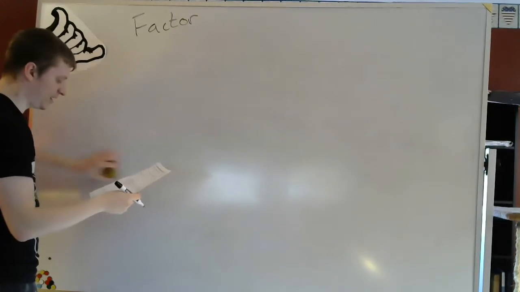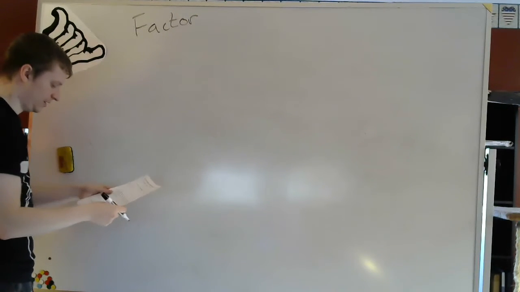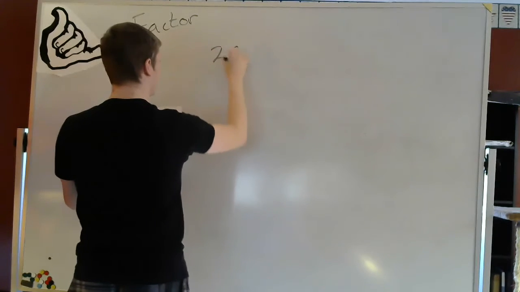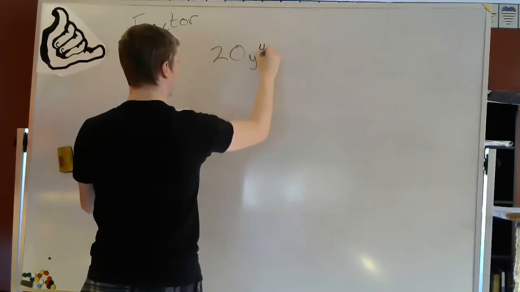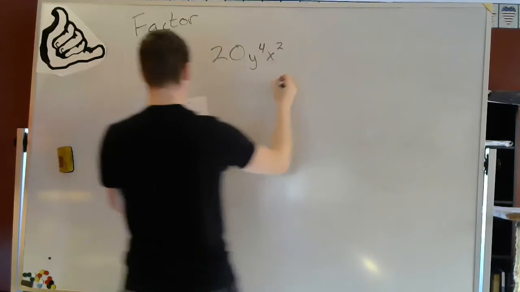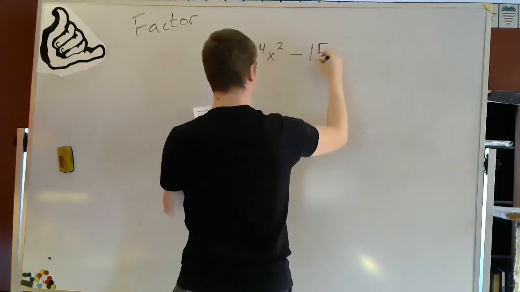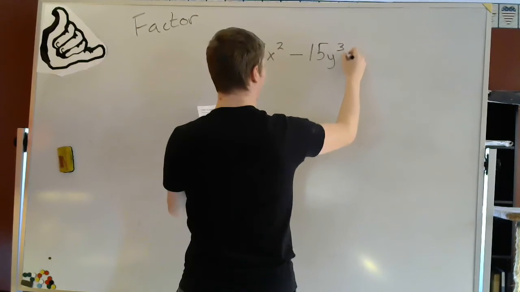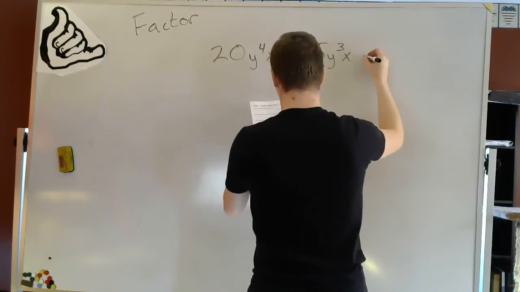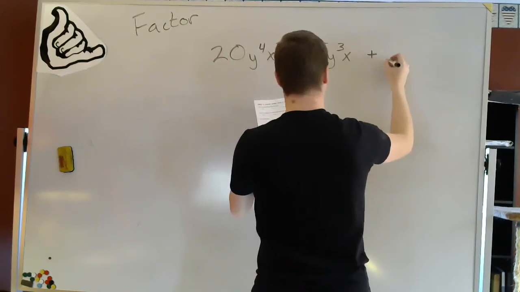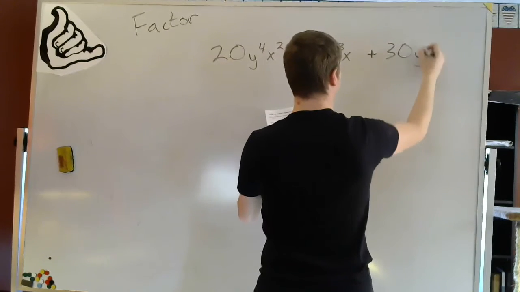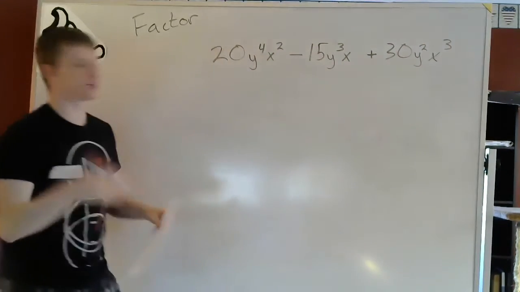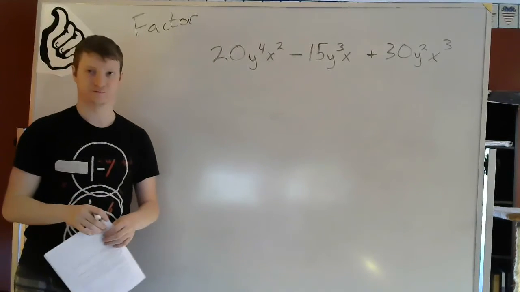What we're going to do this time is factor 20y to the 4th x squared minus 15y to the 3rd x, and then plus 30y squared x to the 3rd. And let's just see what we can come up with for this.